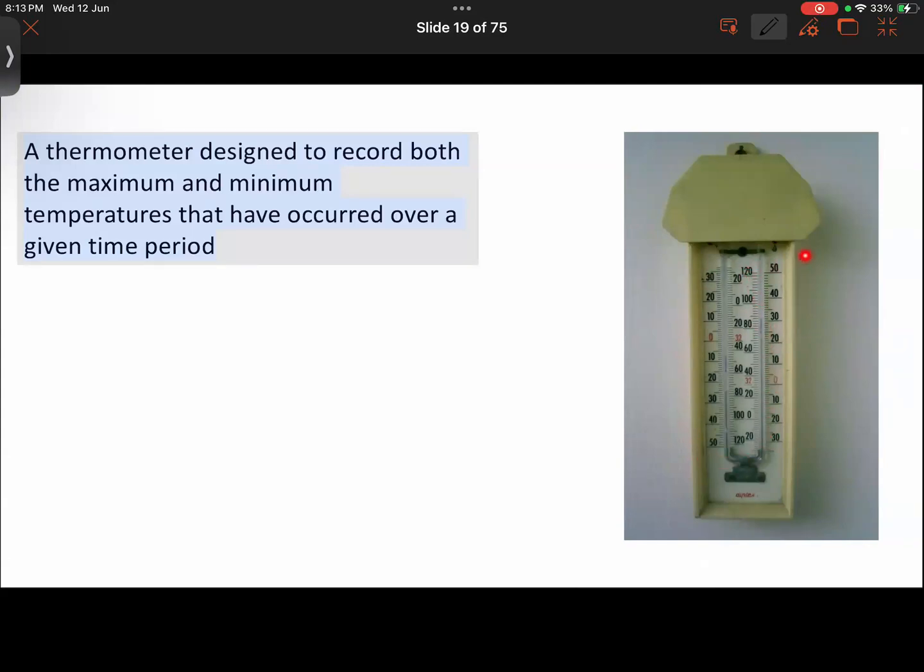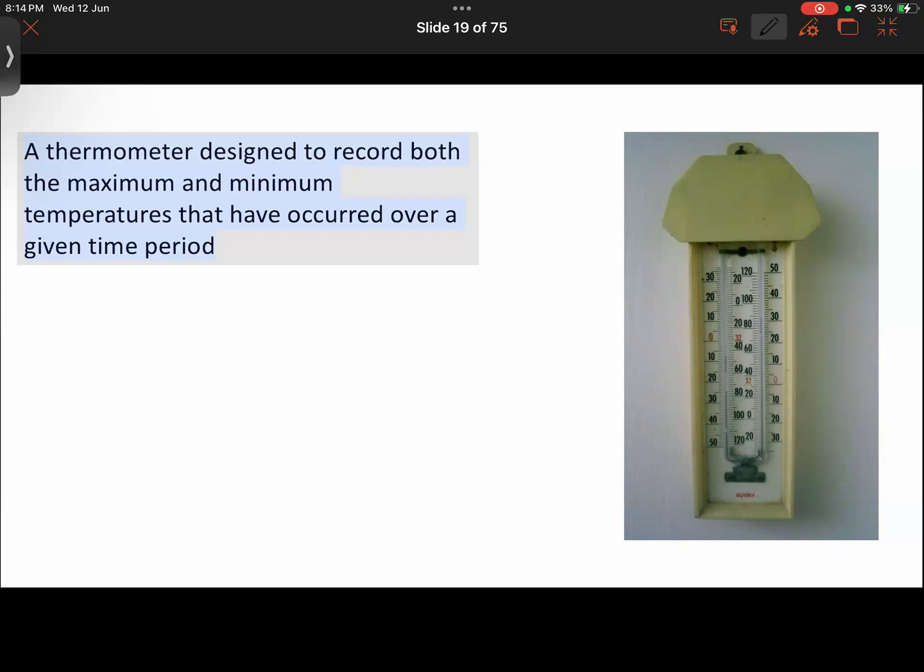This special thermometer will automatically record the maximum and minimum temperature of the day. So the maximum and minimum temperature of the previous day reported in weather reports, on televisions, and in newspapers are measured by the maximum and minimum thermometer.